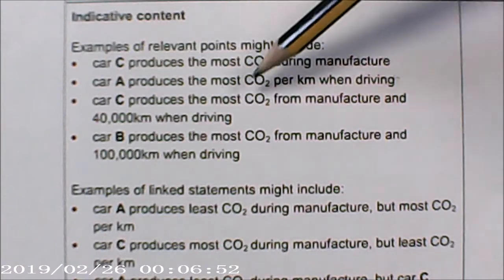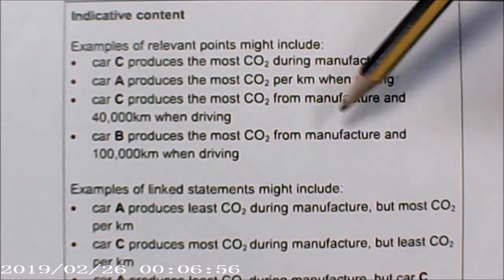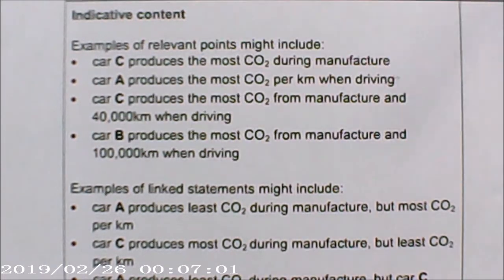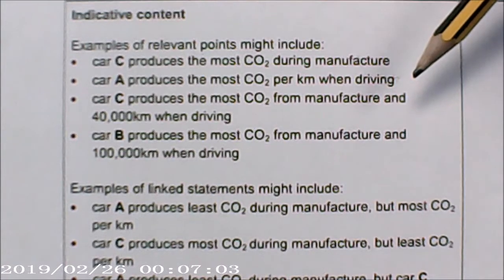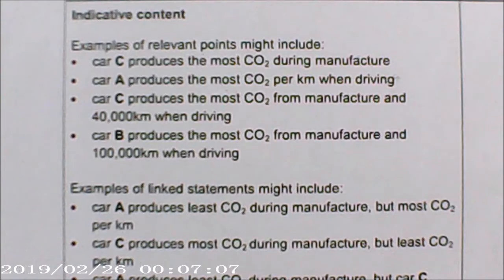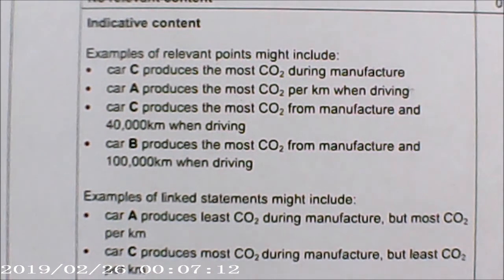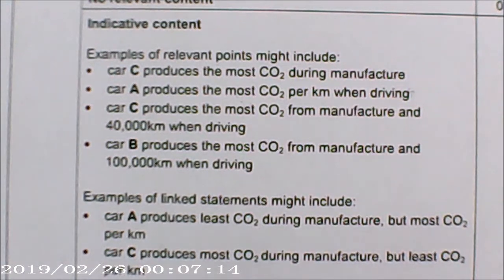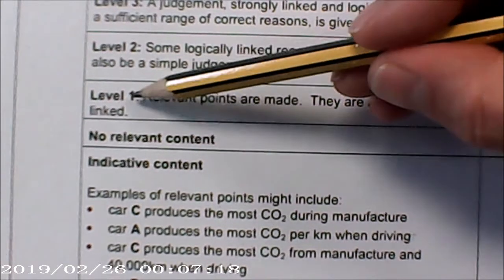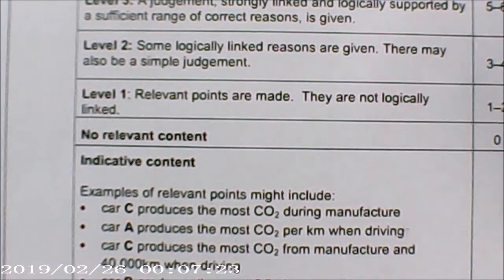If you said that car C produces the most carbon dioxide after manufacture and driving, and B produces the most after 100,000, or A produces the least, then all of those are examples of relevant points. So I imagine that most people have put at least 2 relevant points in their answers. So that gets you to the first level. Level 1, relevant points are made. Okay, and that'd be worth 1 to 2 marks.